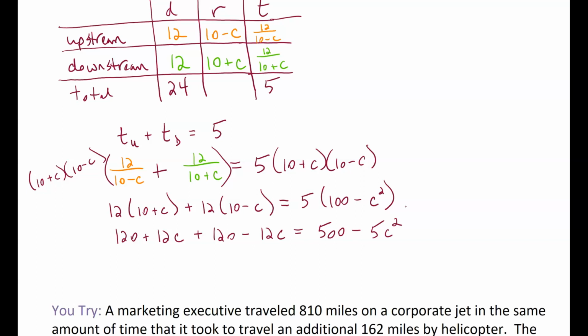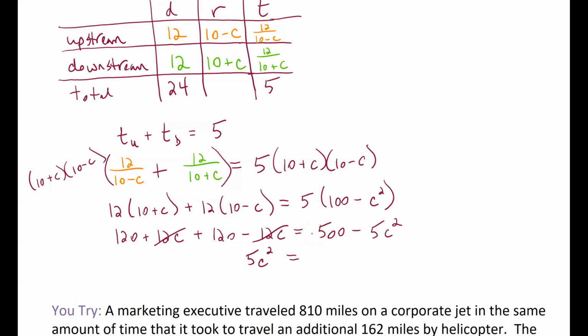All right. Start collecting like terms and simplifying. Something really nice happens. What was that? Yes, these terms here, they'll go away. I don't like working with negative leads, so I'm going to move that negative 5C squared to the other side to make it positive 5C squared.